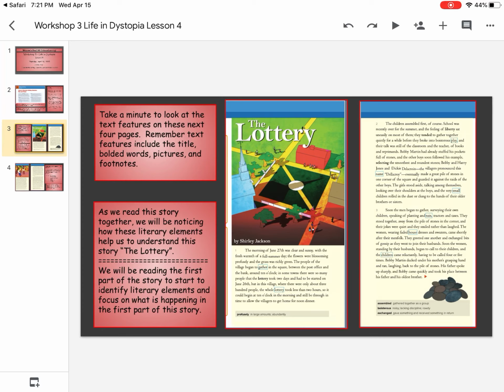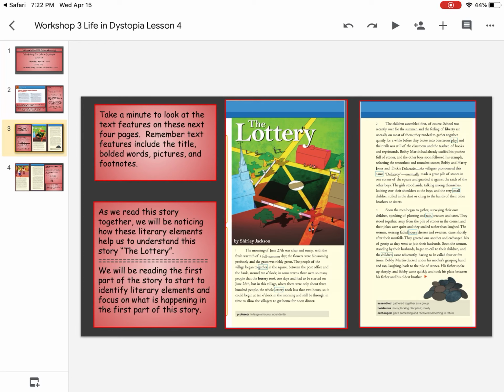Okay, we're at paragraph 3 now. Soon the men began to gather, surveying their own children. Speaking of planting and rain, tractors and taxes. They stood together away from the pile of stones in the corner, and their jokes were quiet, and they smiled rather than laughed. The women, wearing faded house dresses and sweaters, came shortly after their menfolk. They greeted one another and exchanged bits of gossip as they went to join their husbands.